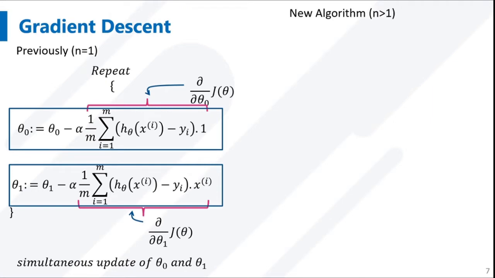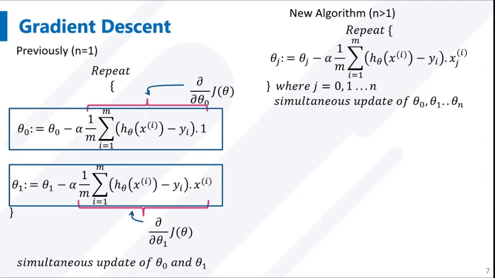Let us now discuss the new algorithm where n is greater than 1. That means when the number of variables is more than 1, we call it multivariate regression analysis. The formula is very similar to the previous one. The only thing you have to remember is that the number of x is not singular. It's more than one x.